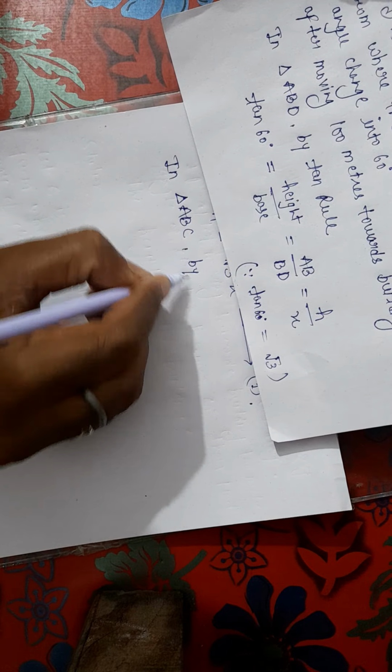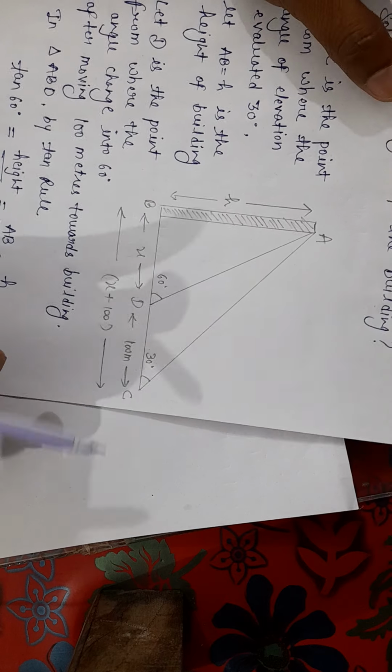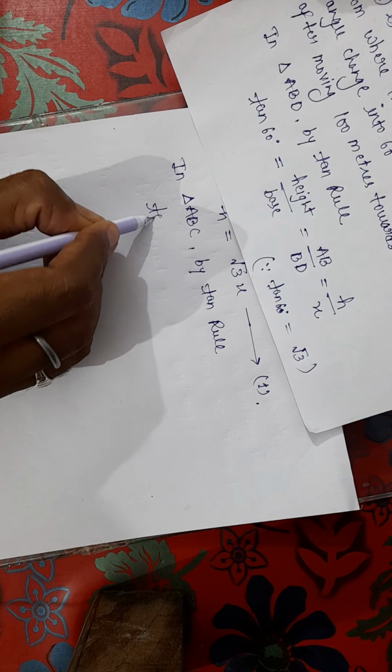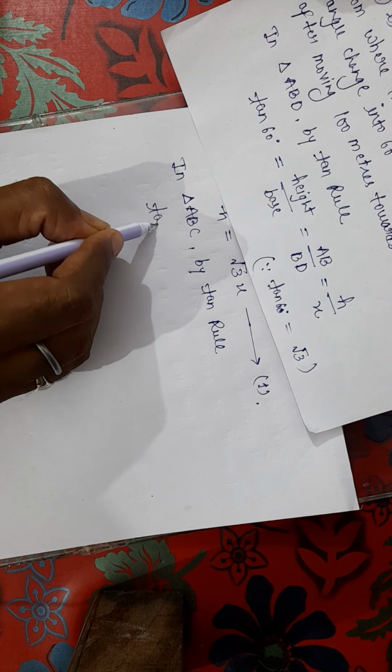Now the angle is 30 degree here, so tan 30 equals height upon base.